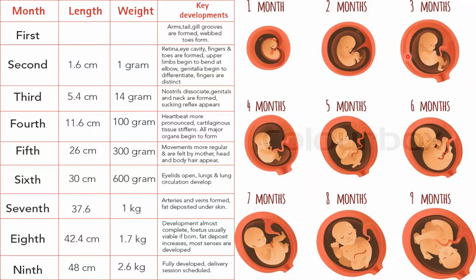This is how the child grows. This is 1 month, 2 months, 3 months, and so on. Let's see what happens. In the first month, arms, tail, gill grooves are formed, and webbed toes are formed.